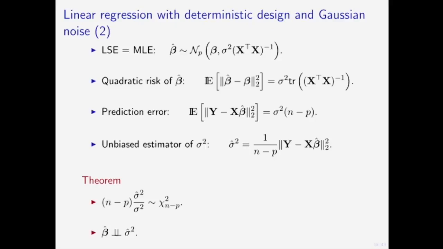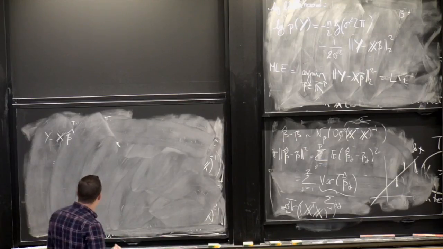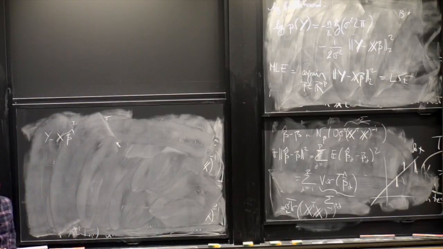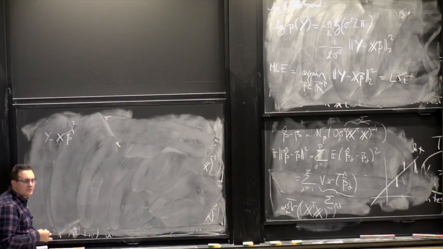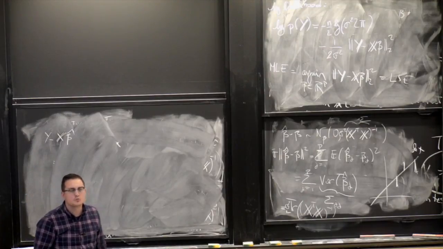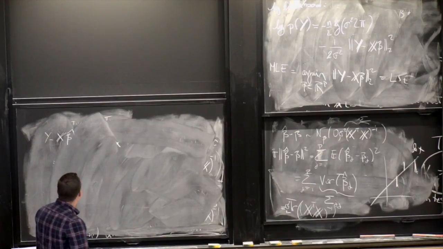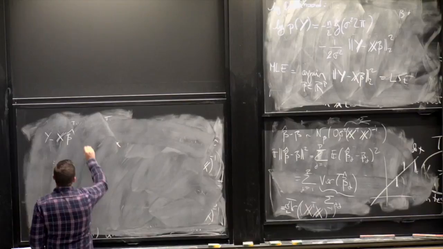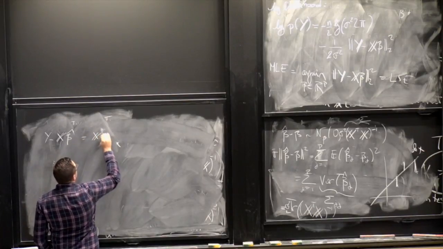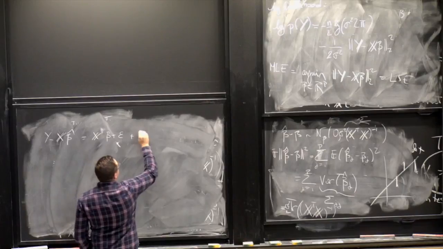So what is the prediction error? We said we have Y minus X beta hat. That's the norm of this thing we're trying to compute. But let's write this out for a second. We said that beta hat was (X transpose X) inverse X transpose Y, and we know that Y is X beta plus epsilon.